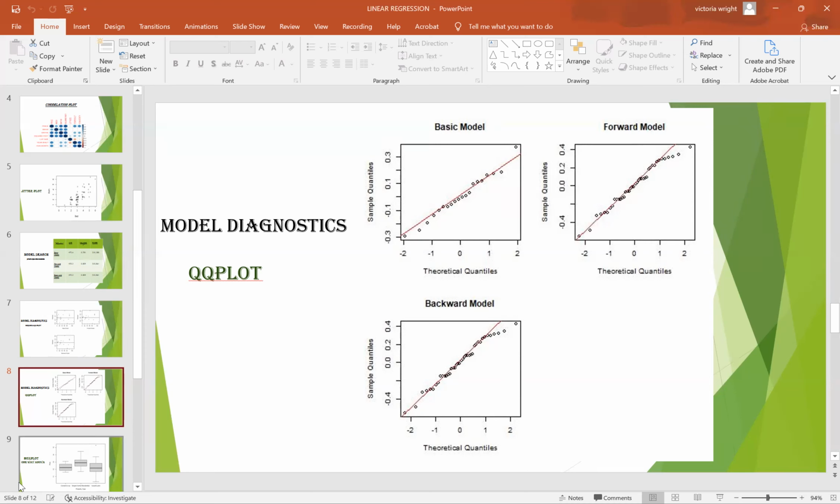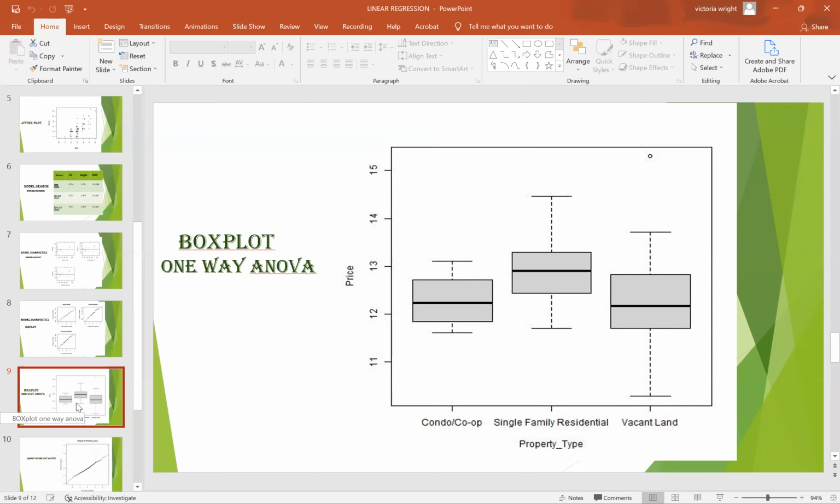And the other way I want to check the predicted price is by the categorical variable, property type, and by one-way ANOVA.